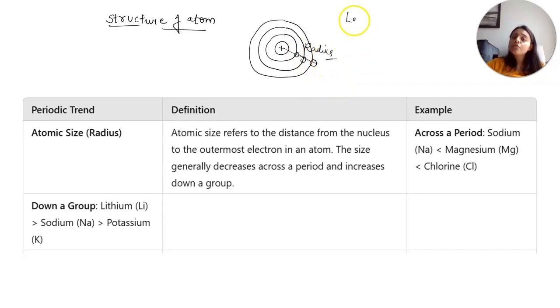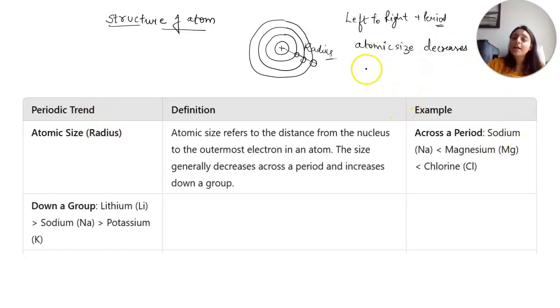Now as we go from left to right in a period, the horizontal row, the atomic size generally decreases. Okay, now why does it happen so?